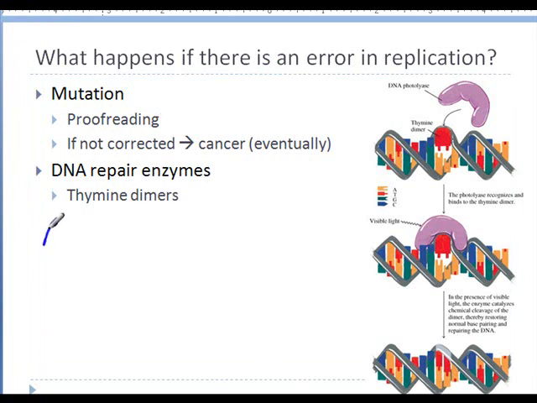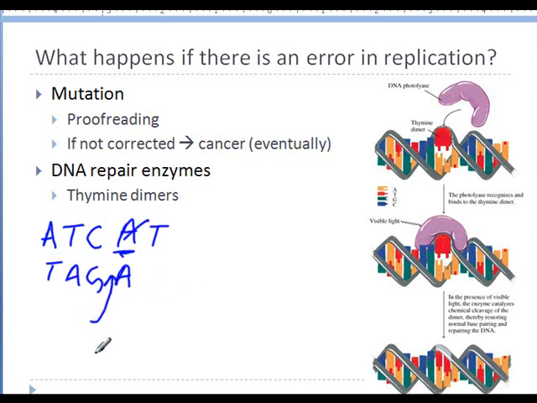So for example, if my first sequence is A, T, C, A, T, then the complementary should be T, A, G, and for example, if this was missed and you have an A over here, that is, you've skipped a nucleotide, sometimes there are enzymes that will come and fix those changes, because it's going to hinder in the long run. And we'll talk about this later in some other topics of DNA expression during protein synthesis.